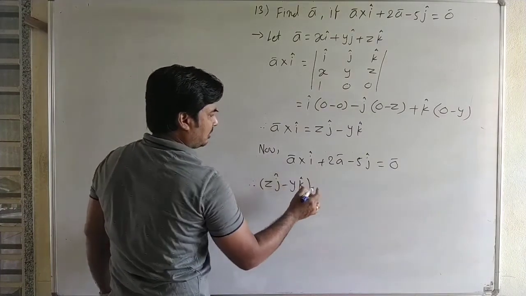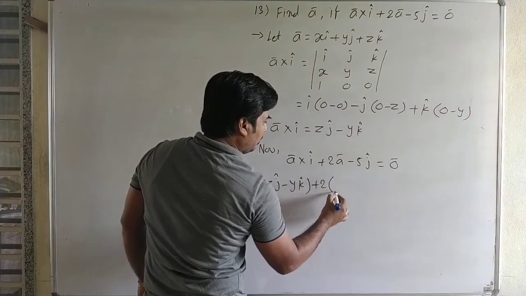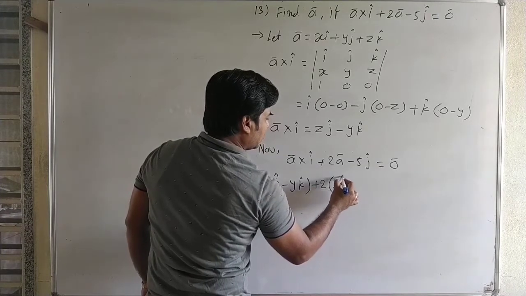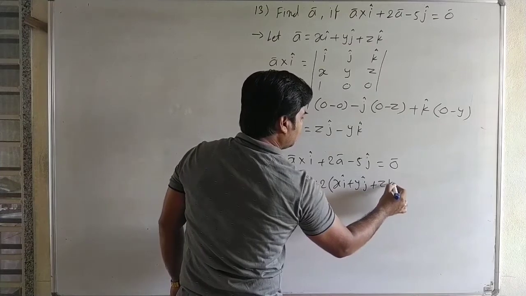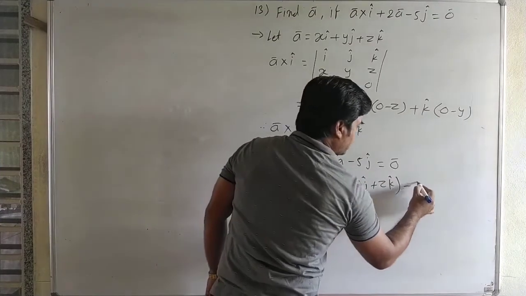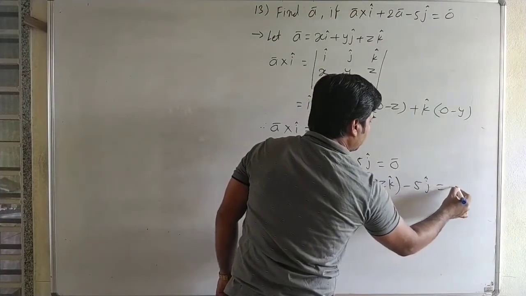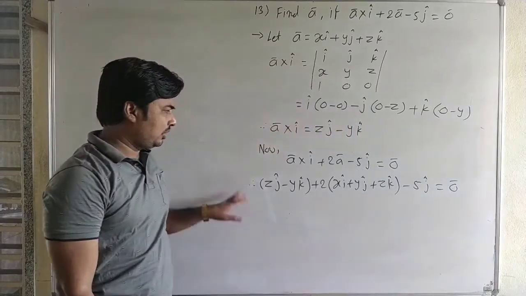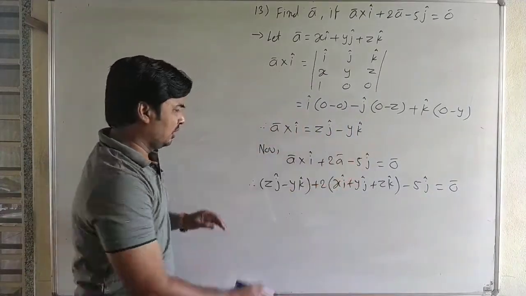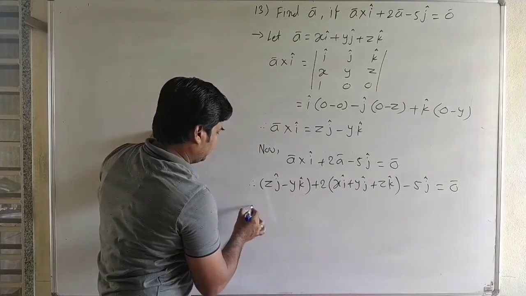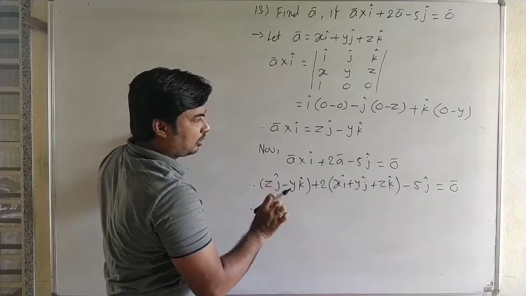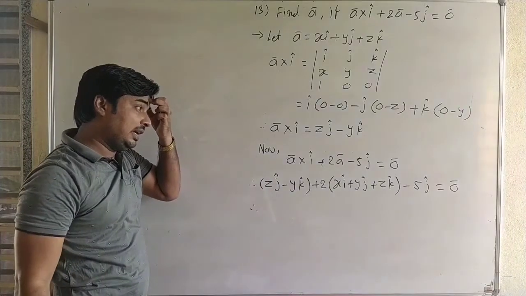It is a bar cross i bar plus 2 into x i cap plus y j cap plus z k cap minus 5j cap, and it is 0 k cap. Okay, see carefully. Now it is the addition of all three vectors, it is a vector. Therefore this can be written in the form of components of i, j and k.